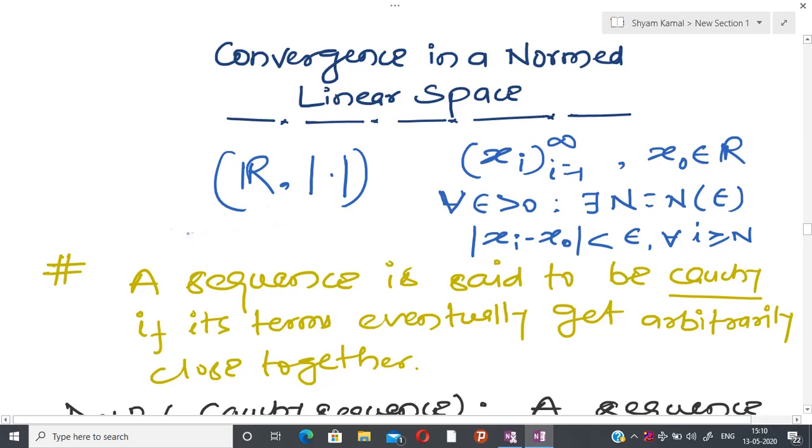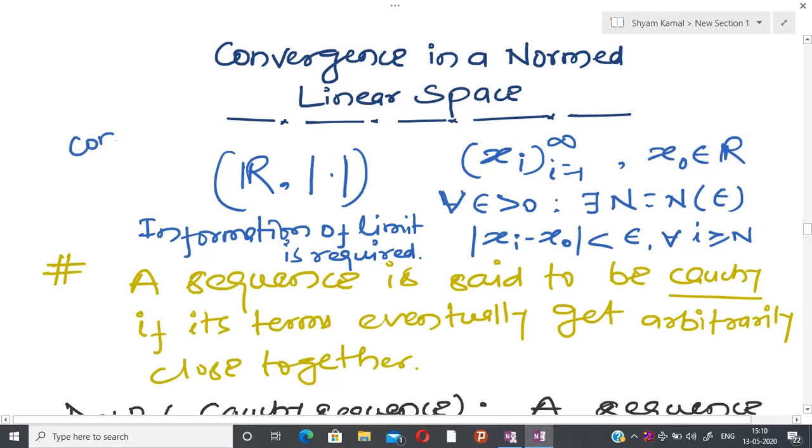So here information of the limit is required in order to talk about the convergence of a sequence, and here the sequence is of real numbers.